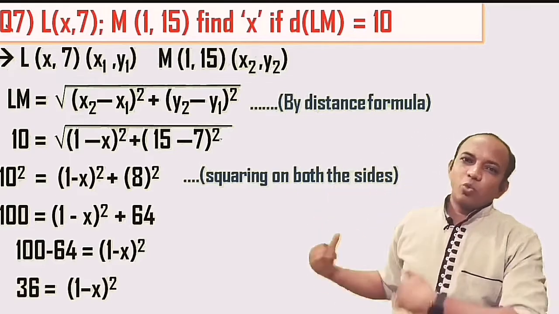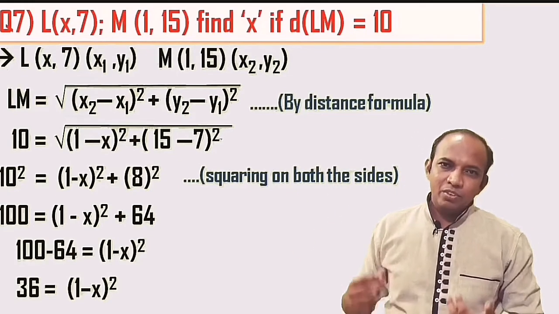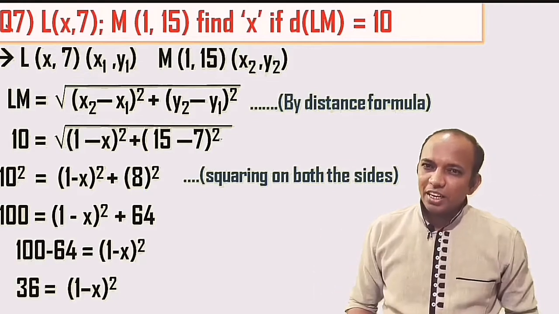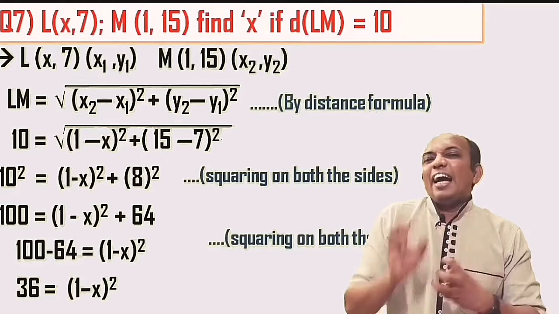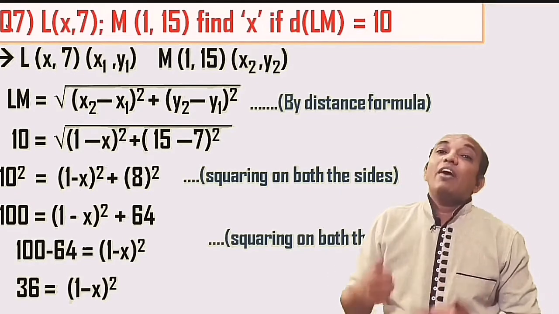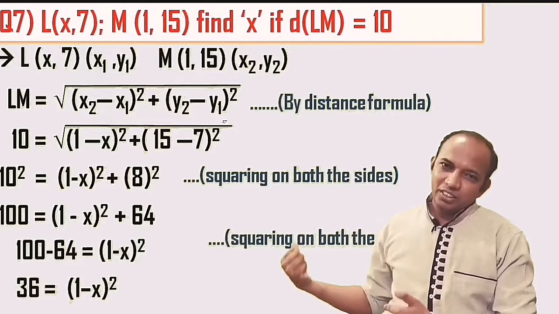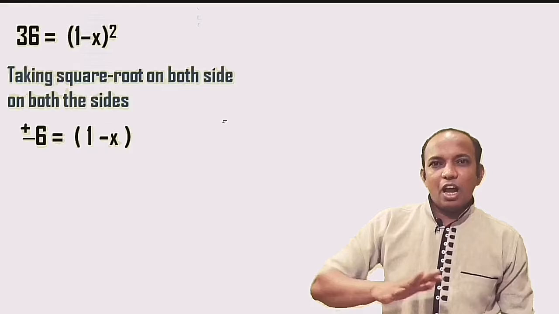And now I can remove that square sign by finding square root on both the side, right? The moment you find square root on both the side, we get 6 on one side, 1 minus x on other side. But this time, as these are coordinates, and we have taken out the square root, we have to give plus and minus both the sign for the 6. The way we know, it doesn't matter whether the number is positive or negative.